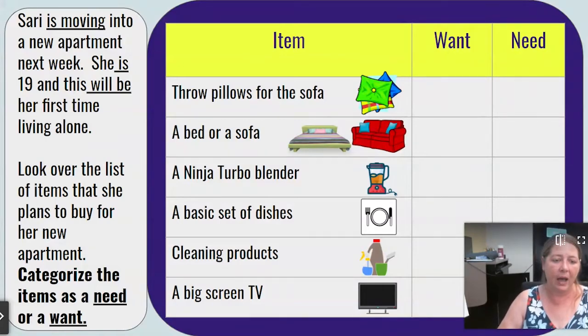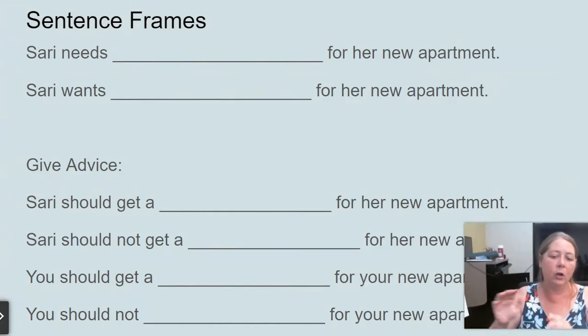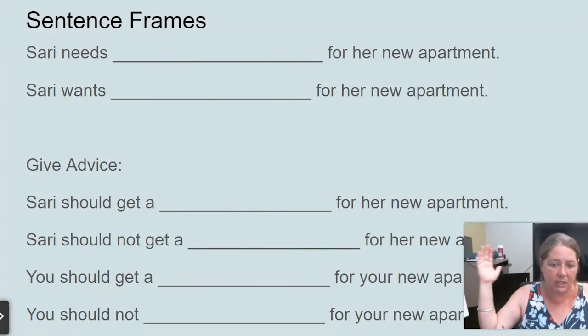After you've thought about the items, we'll go on to the sentence frames and fill them in with the vocabulary. So we might say, Sari needs a bed for her new apartment. Sari wants a big screen TV for her apartment. Perhaps she needs one. Maybe she has low eyesight and she needs a very big screen.